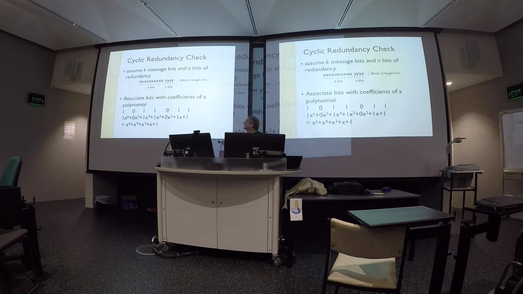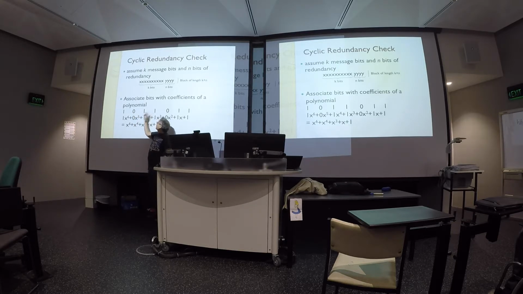What we do is, in CRC, you associate bits with the coefficients of a polynomial. Something about computer scientists, they really love using polynomials of degree k and coefficients of those. So if we've got 1, 0, 1, 1, 0, 1, 1, it turns into a coefficient of 1 for x to the 6, the coefficient of x to the 5 is 0, so all 0 terms are dropped.